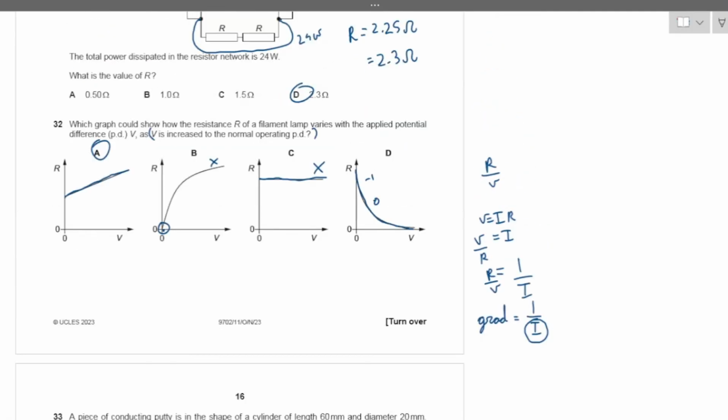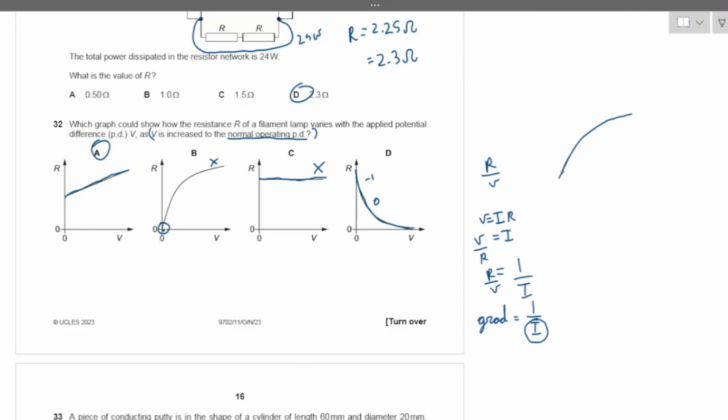But in this case specifically, we are just working with the fact that the PD is increased to the normal operating PD. So just a short point to remember: when the filament lamp is increased to its normal operating PD, assume that its temperature is going to increase very slowly and often very linearly, because the curve forms in this way.